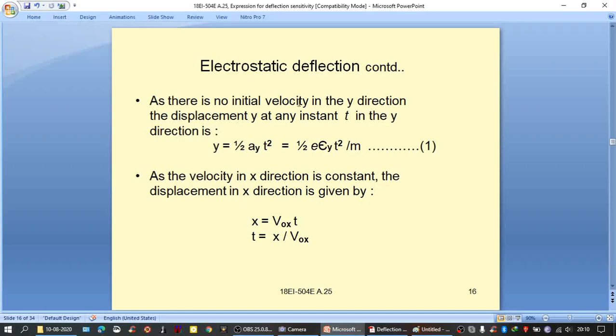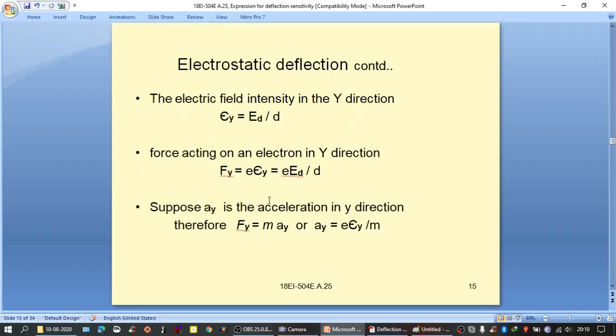As there is no initial velocity in the y direction, the displacement y at any instant t in the y direction is, we have got the expression for this one, the acceleration.